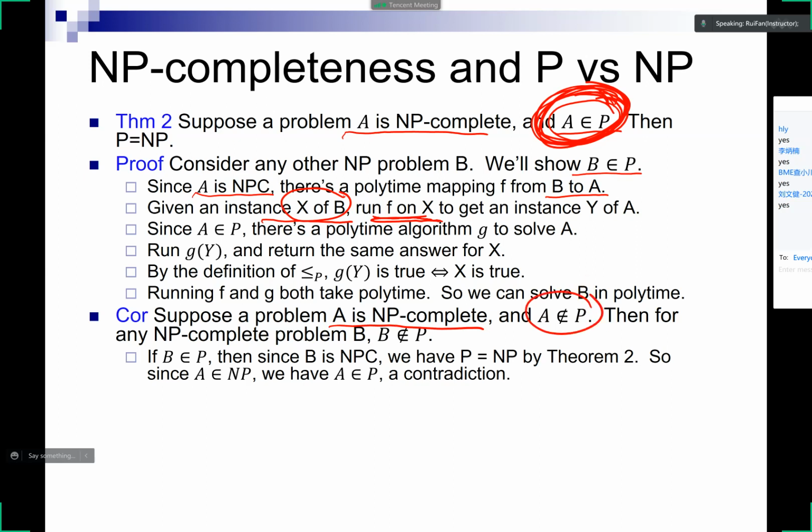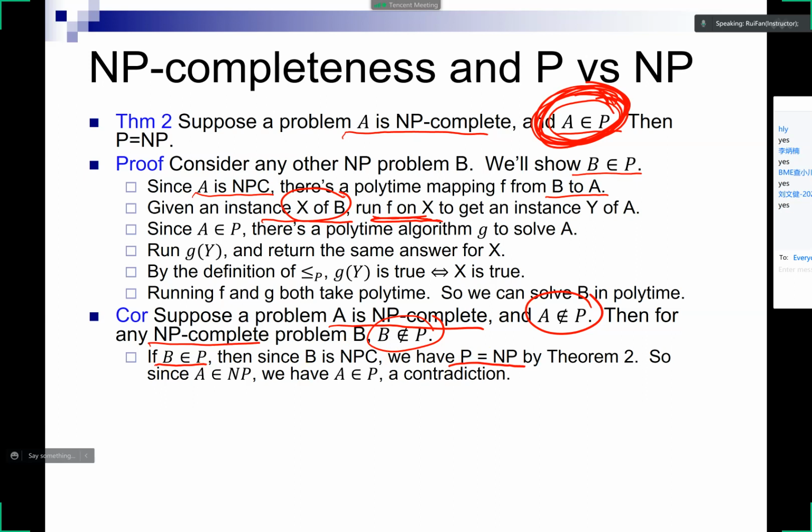then for any other NP complete problem, this problem is also not in P. Because we can prove this by contradiction. If this other NP complete problem, B, is in P, then because B is NP complete, by the previous theorem, we have that P equals NP.